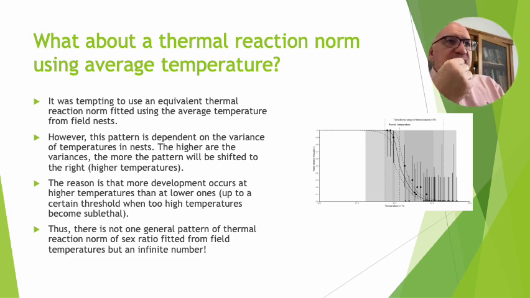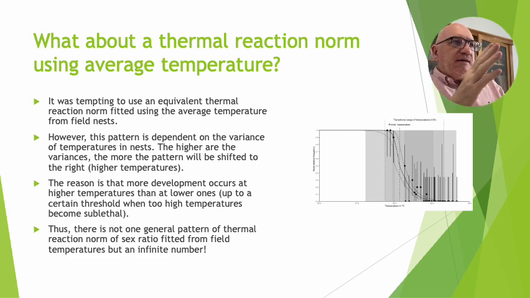This field thermal reaction norm for sex ratio has been proposed to be the solution to estimate sex ratio from field. However, this pattern is dependent on the variance of temperature in the nest.